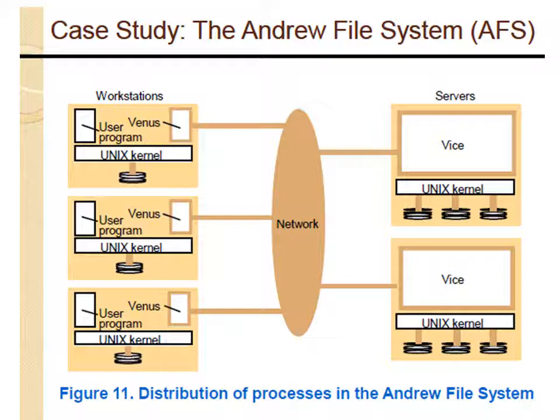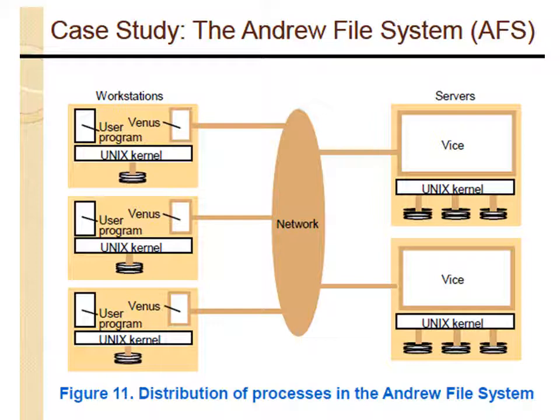So this works under the Unix operating system. In each workstation we have a user program and the software called Venus. Venus is the software designed for workstations, and we have a Unix kernel for implementation purposes.